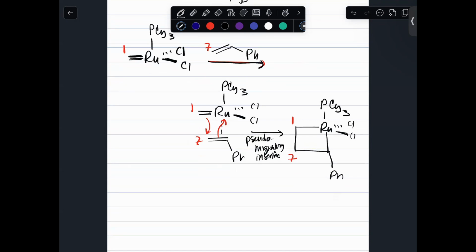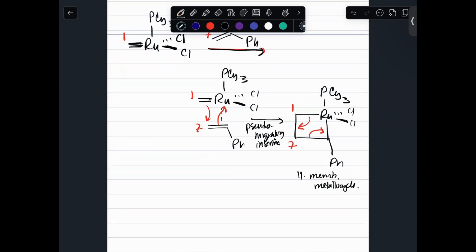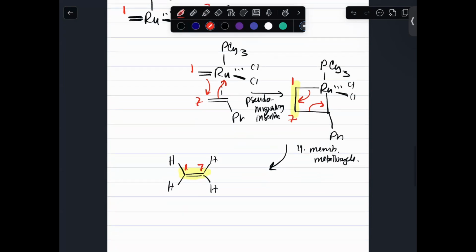I form my four-membered ring metallocycle. It collapses. So you can see how I'm forming my byproduct, which is the double bond between carbons 1 and 7. This is the new double bond, and it's starting to look like my ruthenium catalyst.